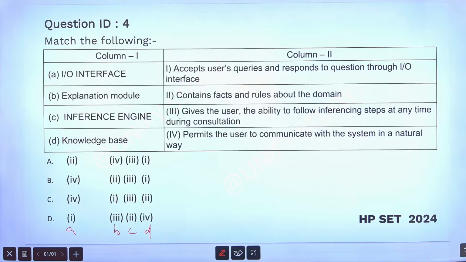IO interface, explanation module, inference engine, knowledge base.